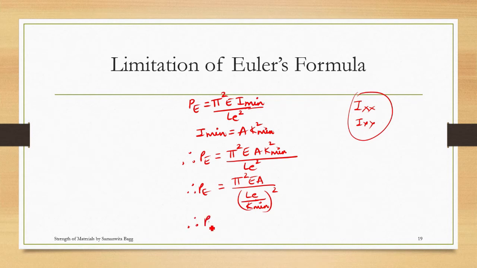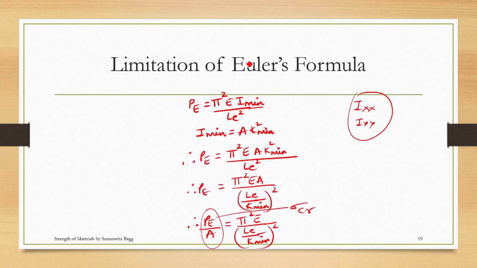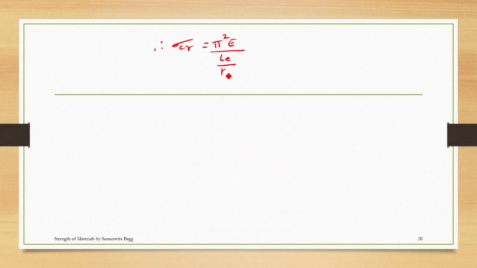I get PE upon A. Now let's call this PE upon A as sigma CR. So I get, therefore, sigma CR is pi square E upon (LE by K min) the whole square. Now this is the formula for sigma CR.